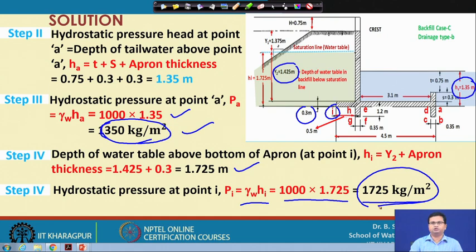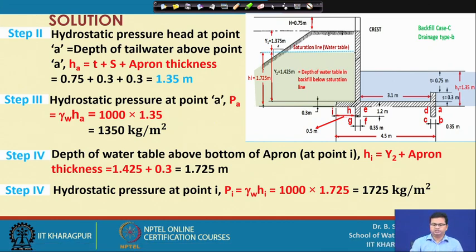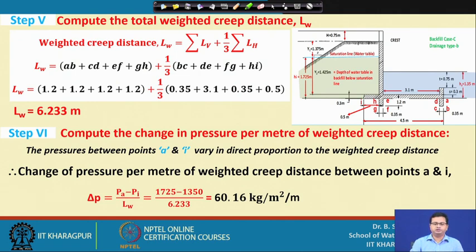So, we can estimate the weighted creep distance along the line A, B, C, D, E, F, G, H and I. By getting the weighted creep distance, I can estimate the pressure variation or incremental pressure per unit creep distance. So, my first calculation will be to estimate the weighted creep distance, L W, that equals sigma L V plus 1/3 of L H.